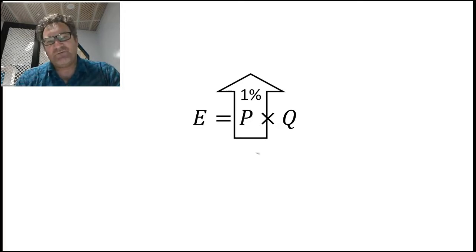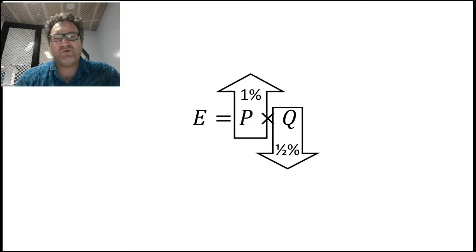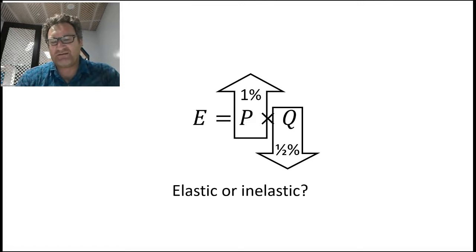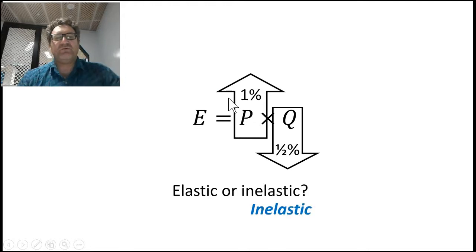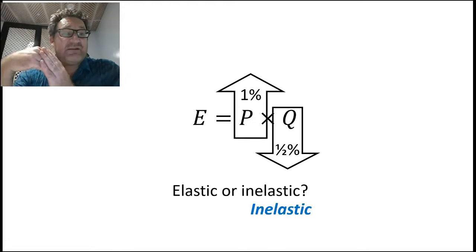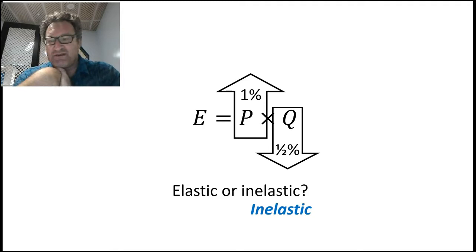What if you increase the price by 1% and the quantity demanded falls by only 0.5%? Is this price elastic or price inelastic? In this case, we can clearly see that the effect, the 0.5%, is smaller than the cause, 1%. So we would say that demand is relatively price inelastic in this case.